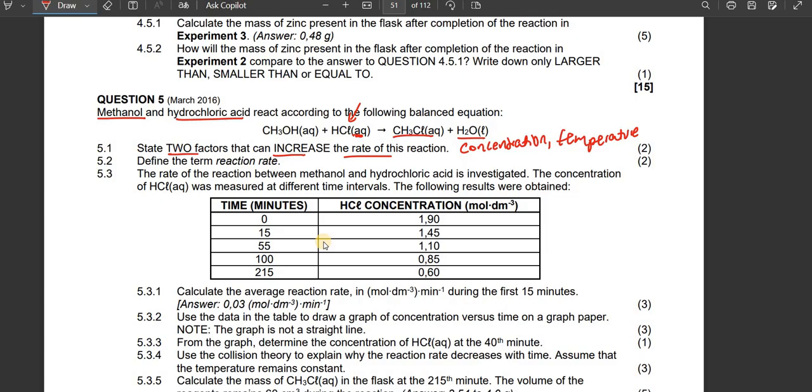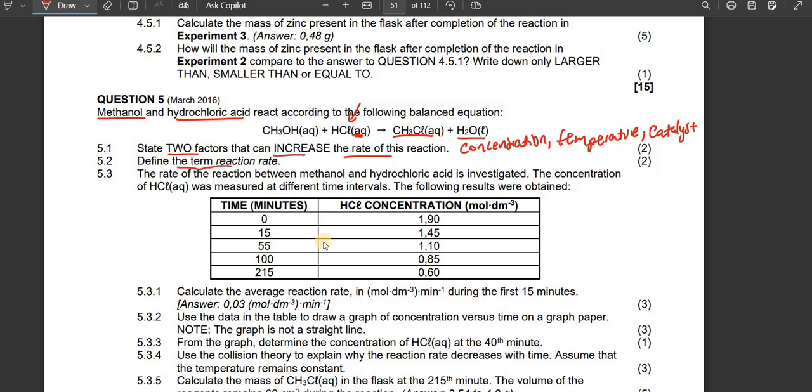Surface area and state of division, they only apply to solids. Can we say catalyst? Yeah, we can also maybe add a catalyst. It can affect the rate of the reaction. Yeah. Is there anything else I'm leaving out? Nature of reactant? Well, rarely.